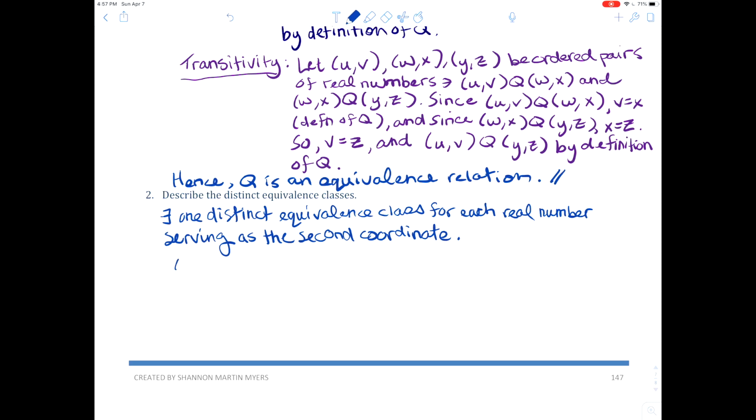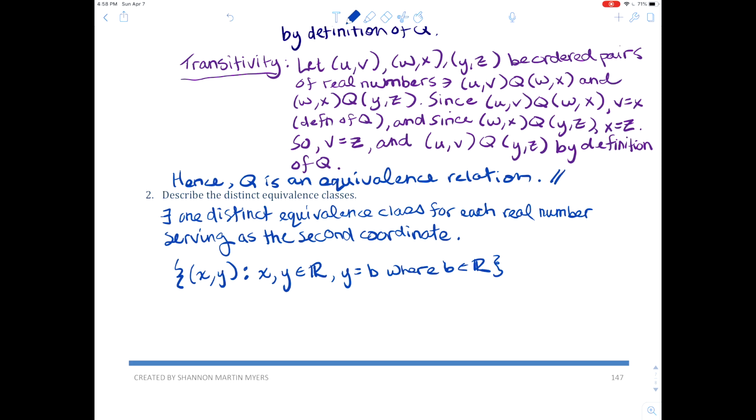What that means in set notation is that the distinct equivalence classes will be of the form where you've got some ordered pair (x, y) such that x and y belong to the real numbers and y equals b, where b is an element of the real numbers.